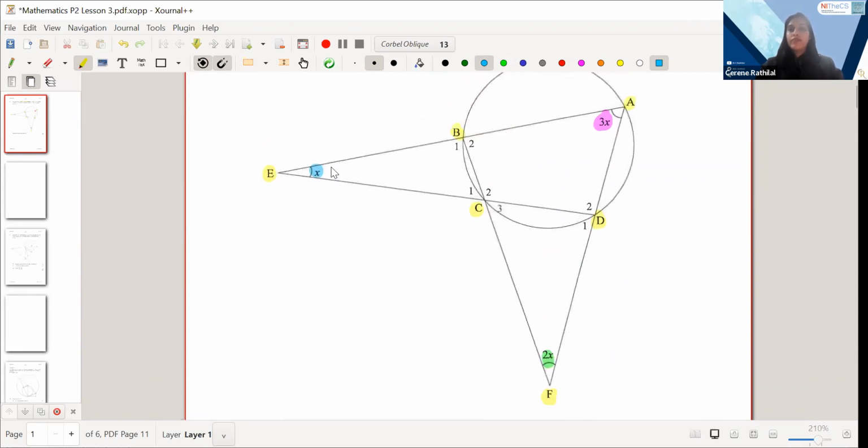So we want to find out what x is. Now observe, x, 2x, and 3x are all angles within specific triangles. If we had to look at specific triangles, who'd like to tell me what type of strategy we might want to use to solve for x?